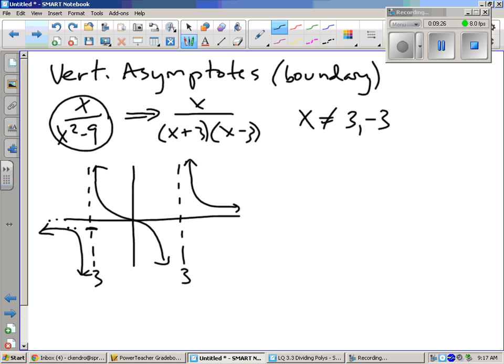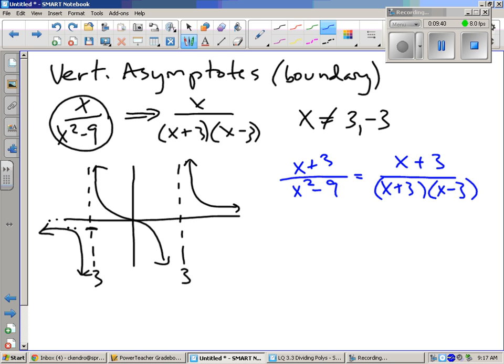Now, what if I made it, let's try a different graph here, x plus 3 over x squared minus 9. The bottom is still x plus 3, x minus 3, but the x plus 3's can cancel, so the only thing x cannot be is 3.